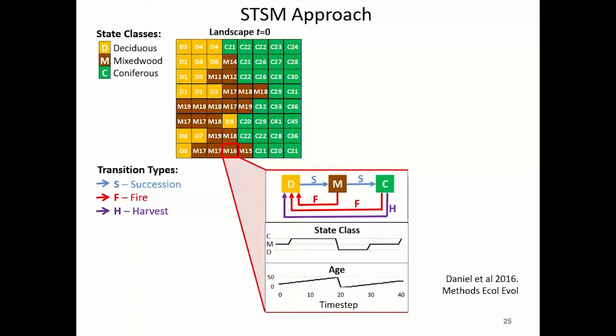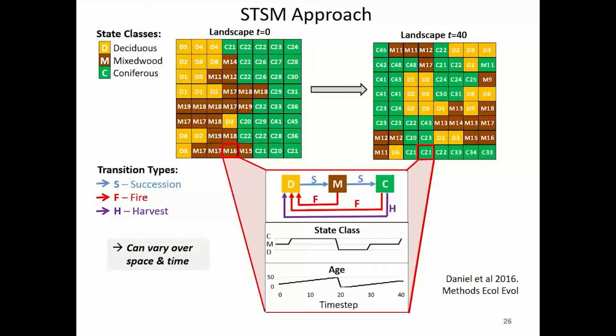We'll talk in a little more detail about the other options for how to specify the level of those transitions. But once you've done that, you can simulate forward the state and age of each cell over time. The state and age are random variables because every time you run them, the state is changing from one state to another, and the age is changing in response to the probabilities you run through that pathway diagram.